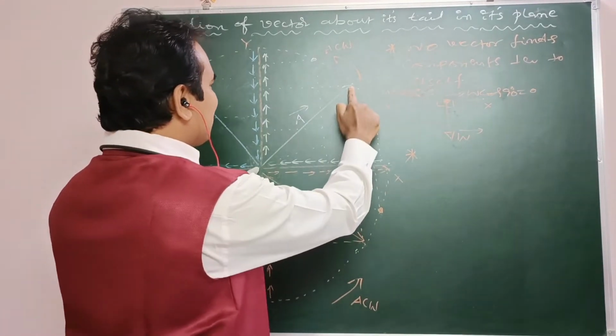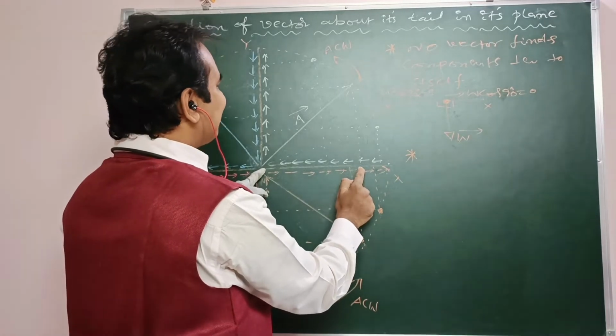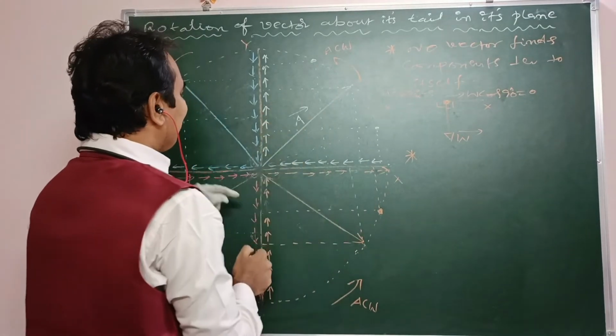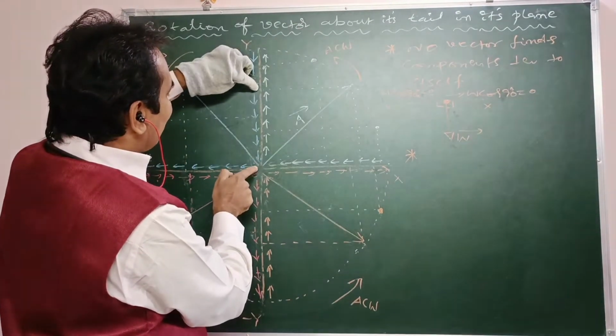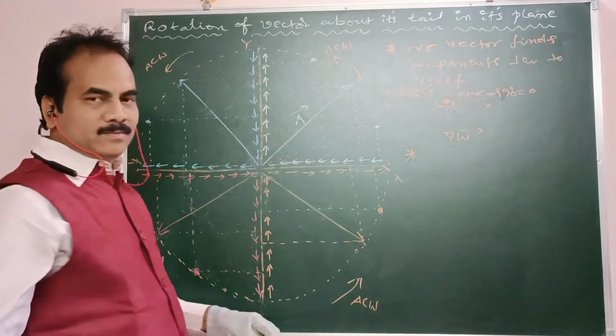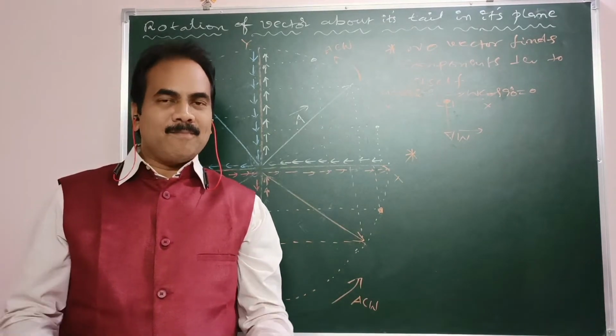See, this measurement is greater than this measurement, means x component is less than the total magnitude. At the same time, this measurement is less than this measurement, means y coordinate is also less than the total magnitude, provided that the vector lies in the plane.